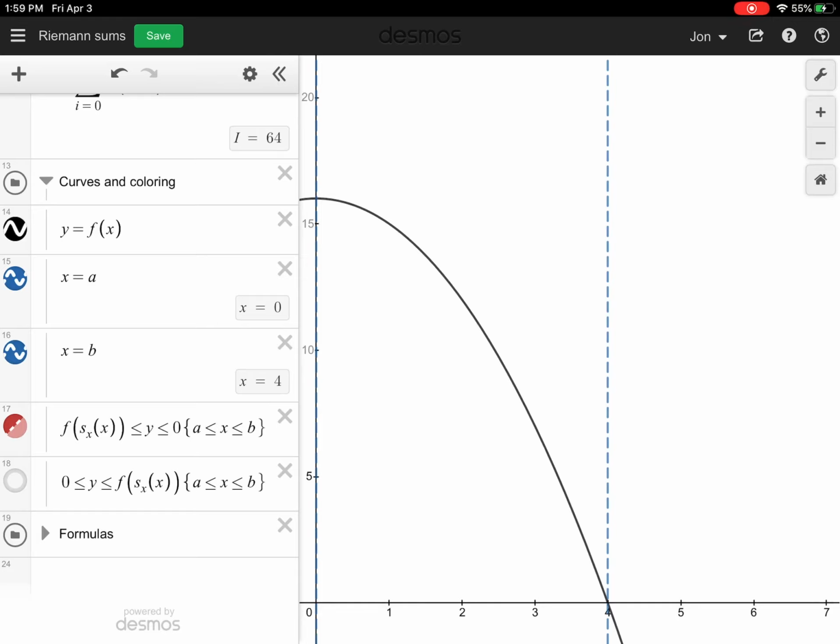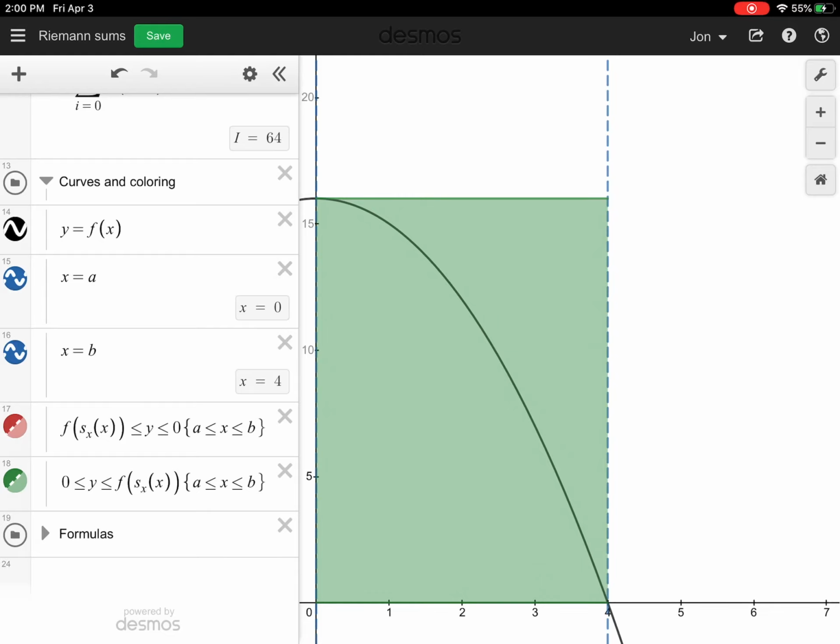So what we're going to try to do is take a look at this particular curve, which is 16 minus x squared. And what we're going to try to do is find the area underneath that curve. Okay? So what we can do is we can try approximating it using rectangles.